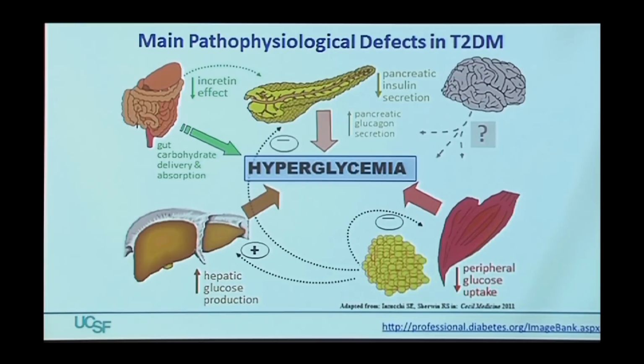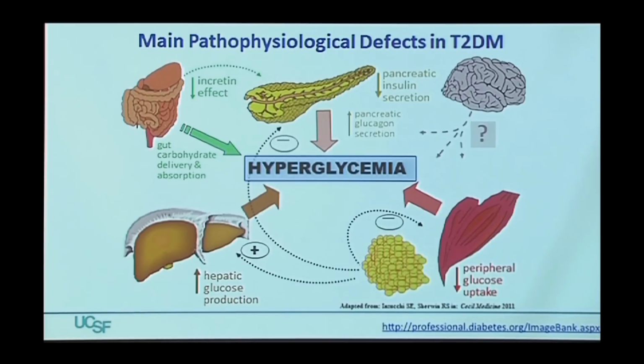Also, because of the insulin resistance, our body in the periphery, our muscles and our fat tissues, don't take up glucose as normal. We also are learning that in the gut, and this is what's shown up here, we have certain hormones that are released after we eat, and they play a role in our body's glucose homeostasis or metabolism.